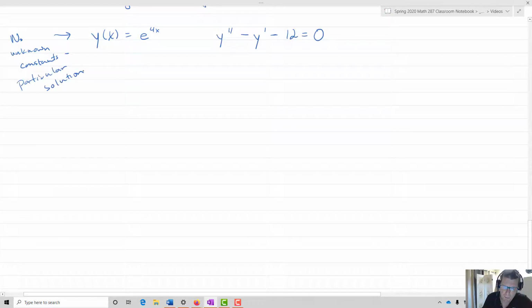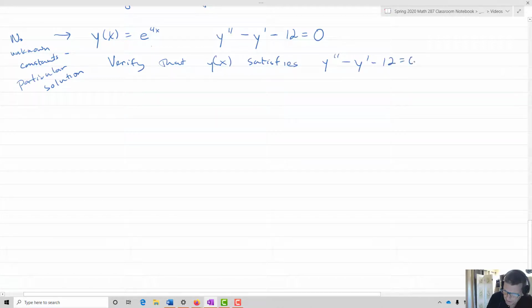What we're going to do is verify that y of x equals e to the 4x is a solution to y double prime minus y prime minus 12y equals 0. We're going to say that y of x satisfies the differential equation.